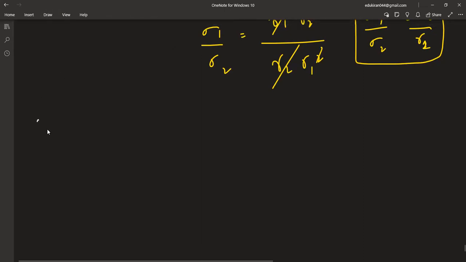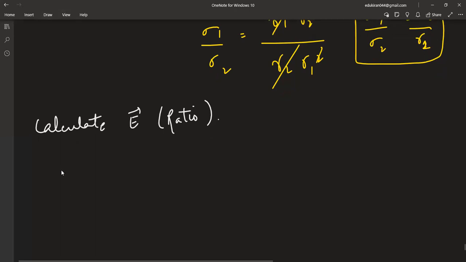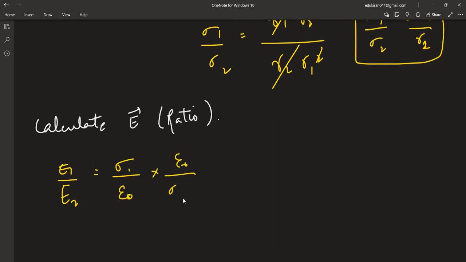Suppose it asks you to calculate the ratio of electric field. E1 by E2. Electric field we have studied as sigma by epsilon naught, so this becomes sigma 1 and this becomes sigma 2.